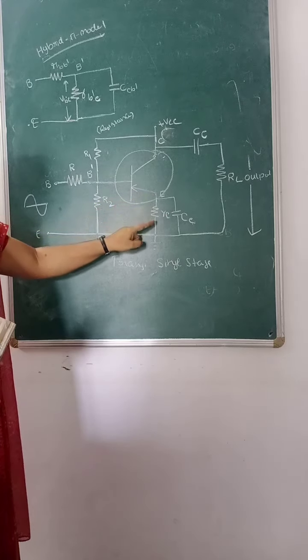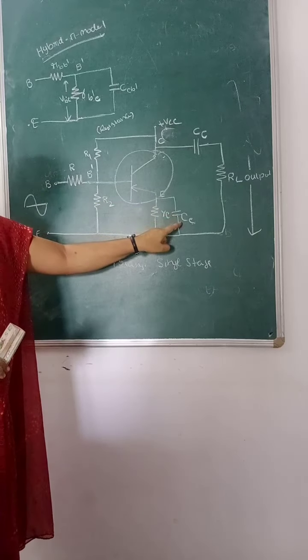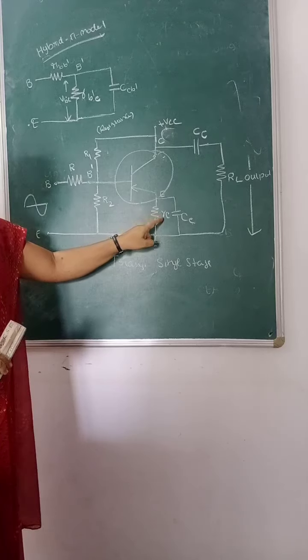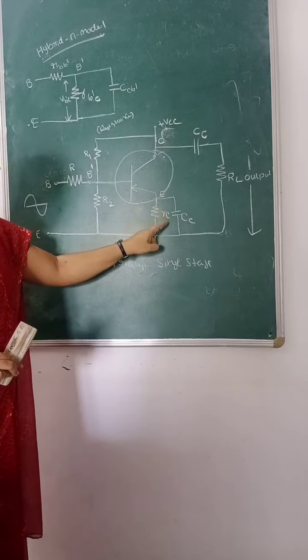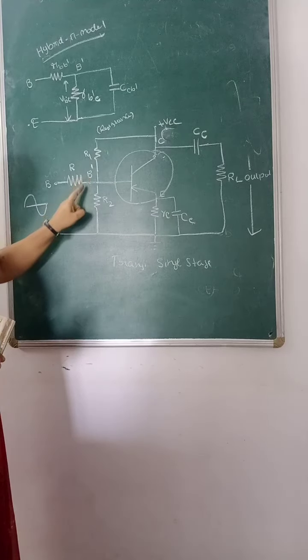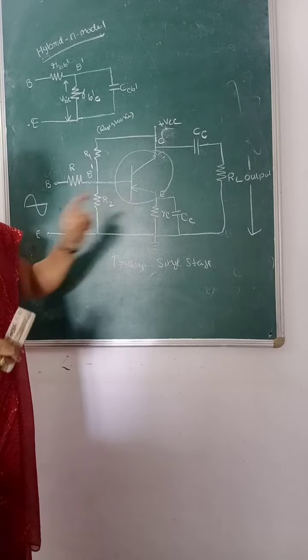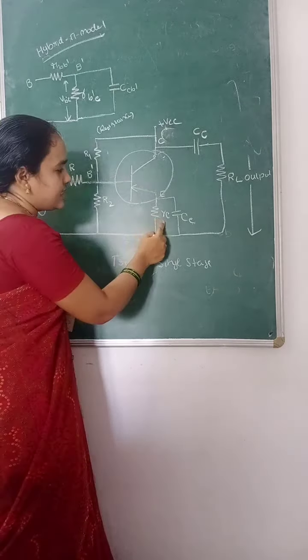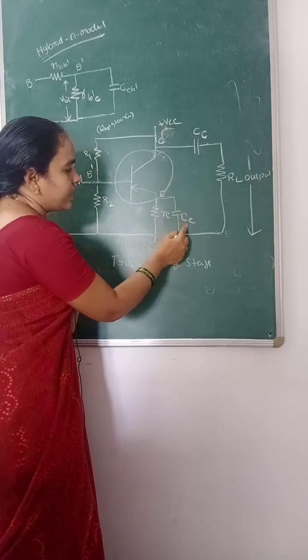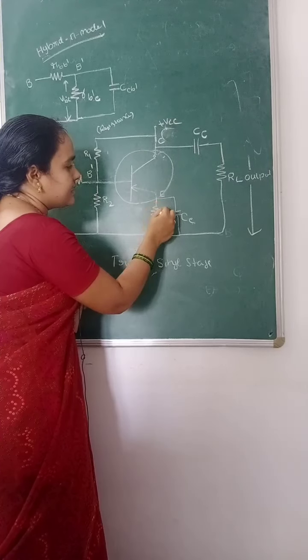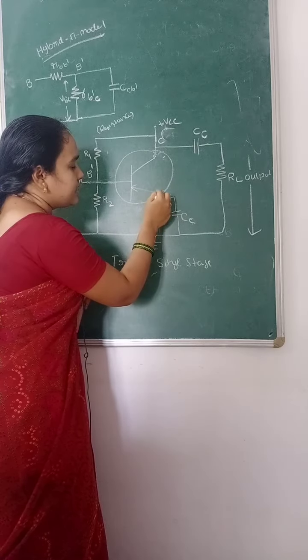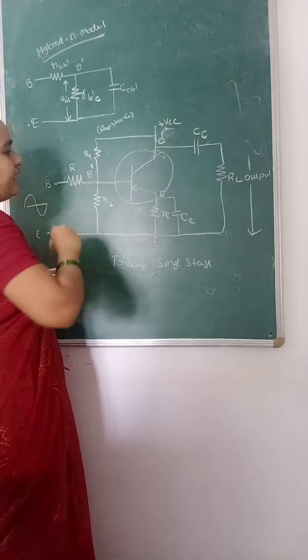we have a resistance and capacitance. So this resistance and capacitance are between the terminals B dash and the emitter. These are the resistance and capacitance offered by the transistor between the terminals emitter and B dash.